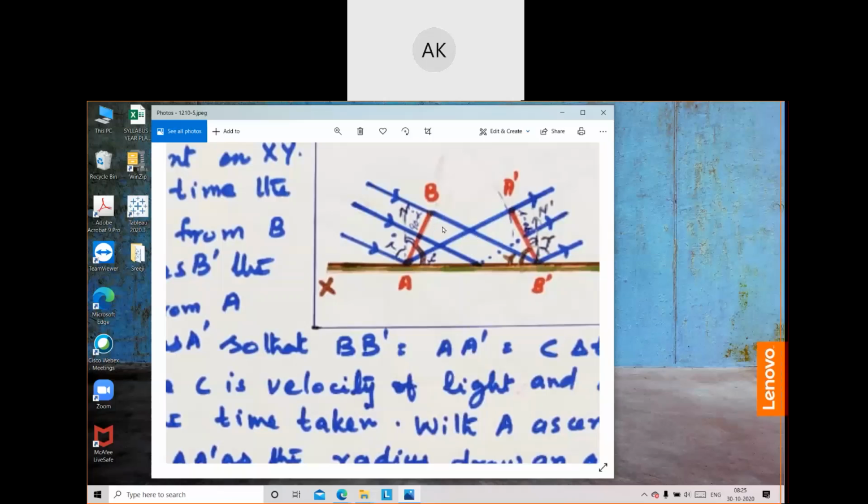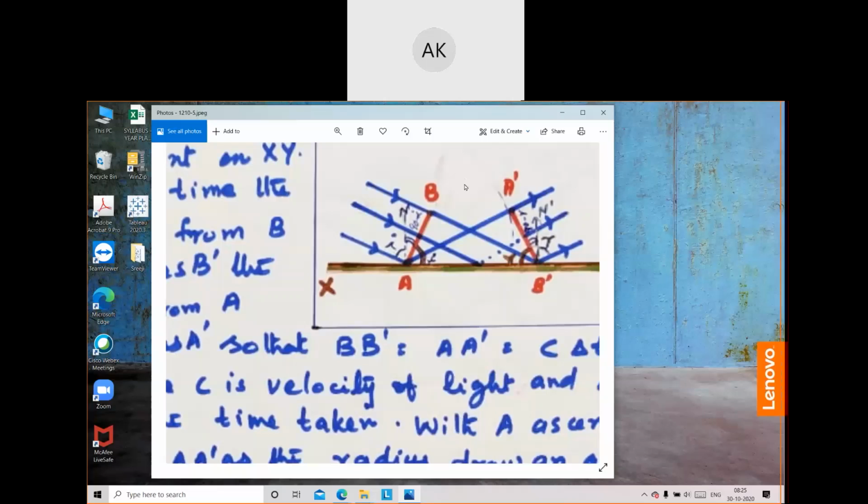And if one more condition is satisfied, we can say these two triangles are similar. Which will be that? This one. A dash we have taken, A dash is the same as B dash. Light travels in the same medium, so in the same time it travels the same distance.